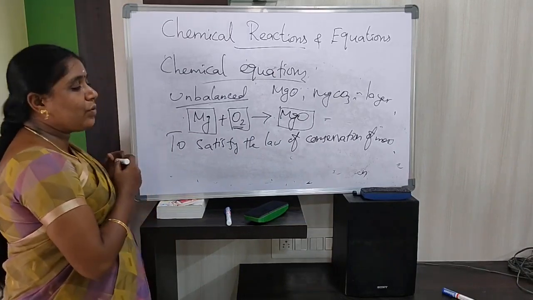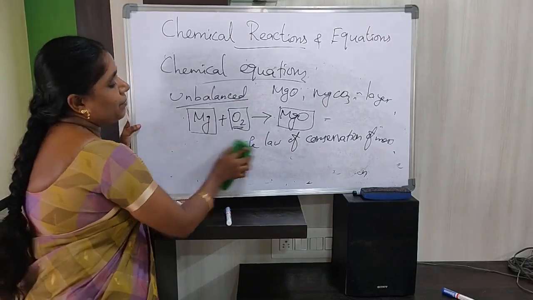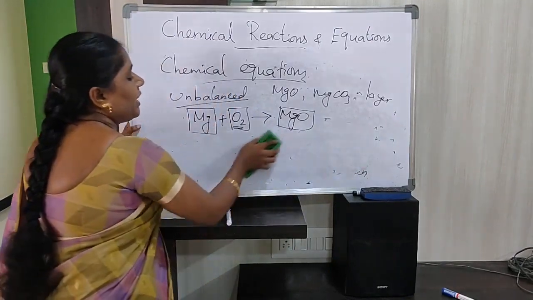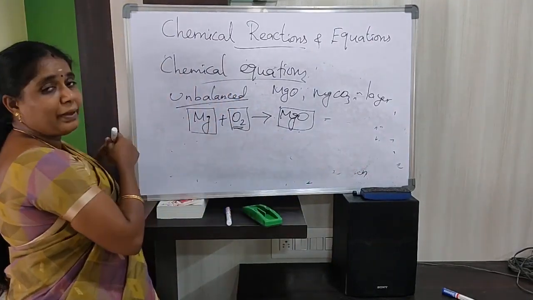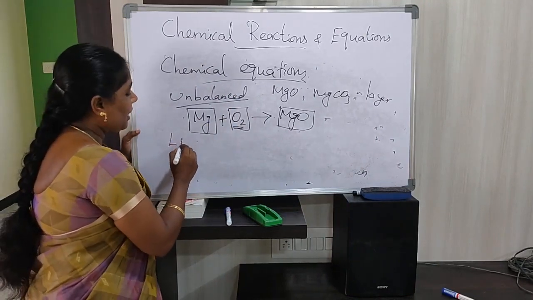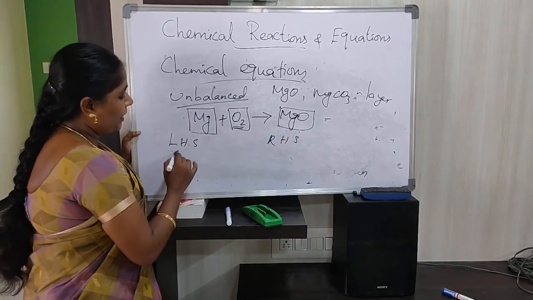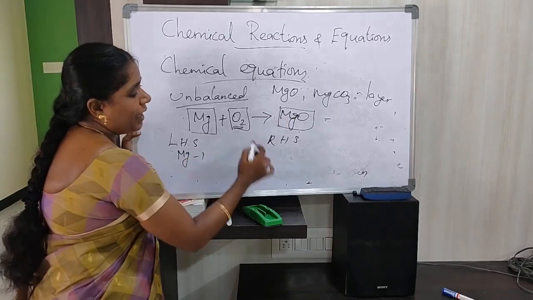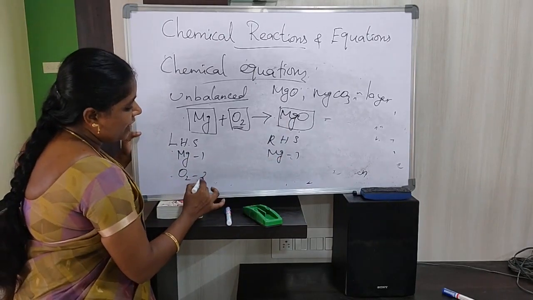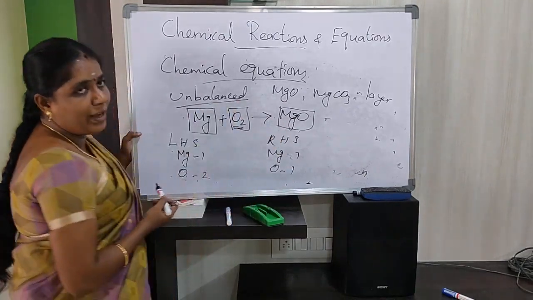So, how will you balance this equation? Magnesium combines with oxygen to form magnesium oxide. On the left side we have one magnesium, and on the right side also one magnesium. But on the left side oxygen is 2, and on the right side oxygen is 1.